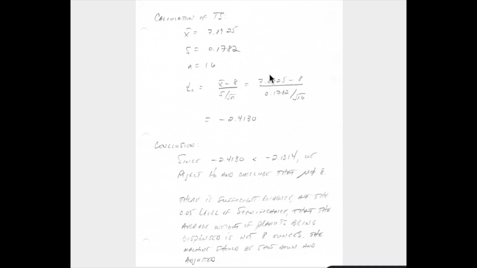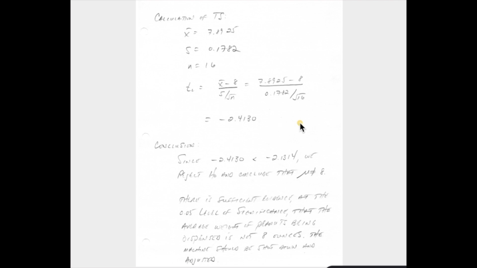And so we plug in the sample mean in the numerator, we plug in the sample standard deviation and sample size in the expression in the denominator. And so when we do this calculation here, we get negative 2.4130. And now to evaluate that value for the test statistic, we compare it to our critical points.